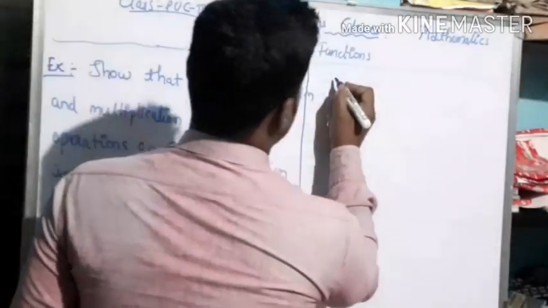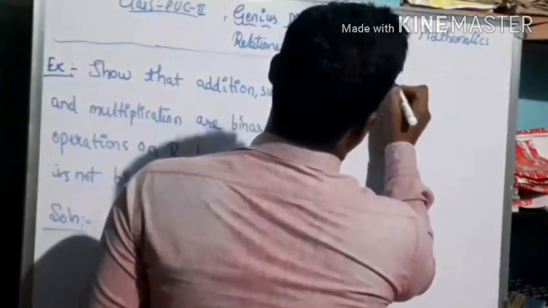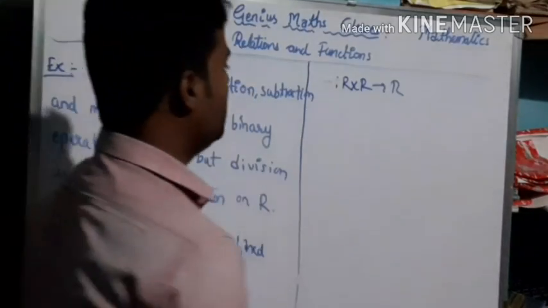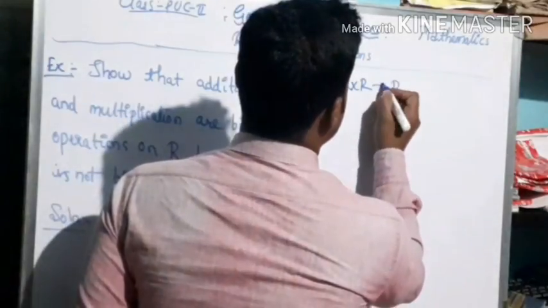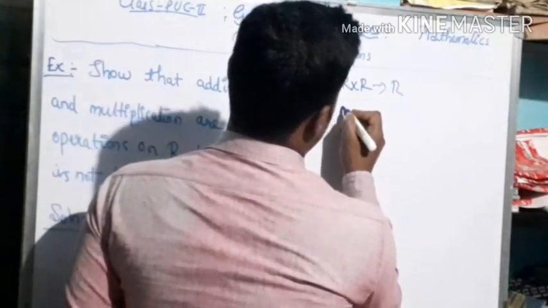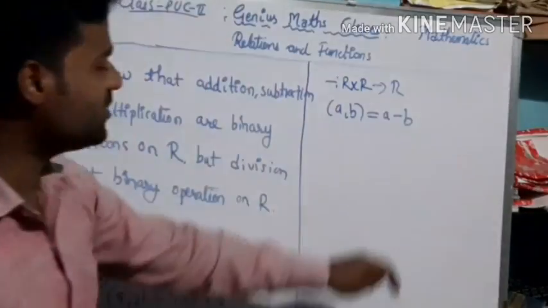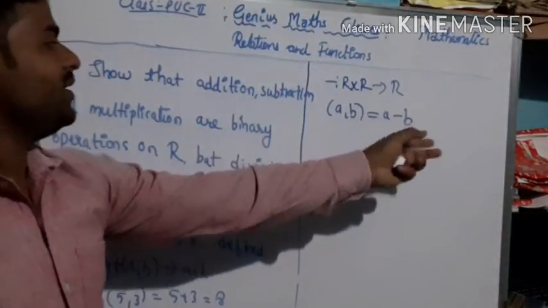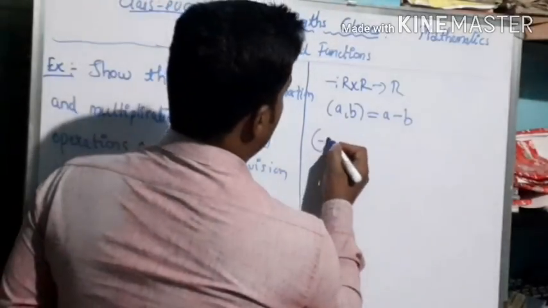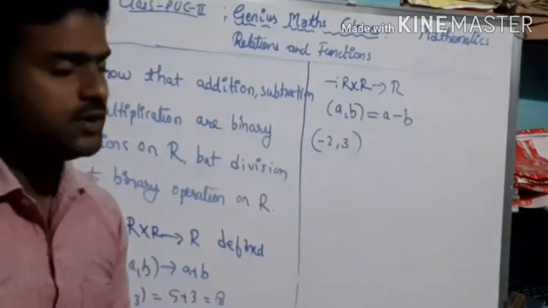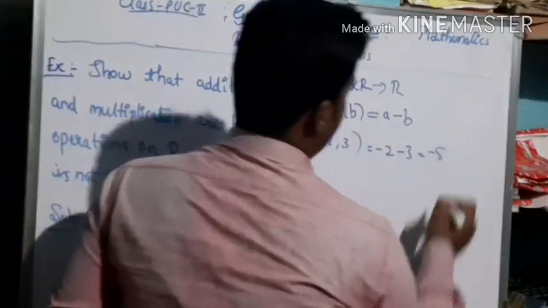Similarly, subtraction, if you define it from R cross R to R, which will give you A minus B. Whatever numbers you take in R, you will get the result A minus B. If you consider any numbers, say minus 2 and 3, then minus 2 minus 3 is equal to minus 5.